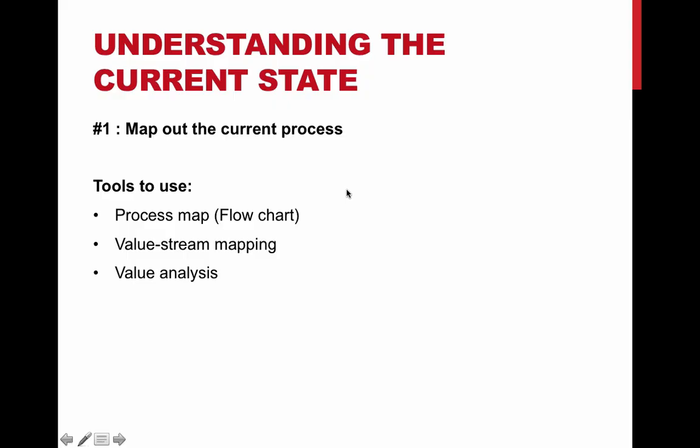Okay, so patient waiting, unnecessary, remember that acronym DOWNTIME, right? Any defect, overproduction, waiting, non-utilized resources, transportation, inventory, unnecessary motion of people and equipment, and extra processing.